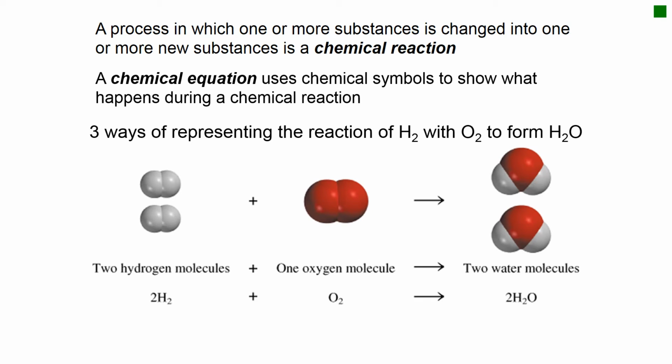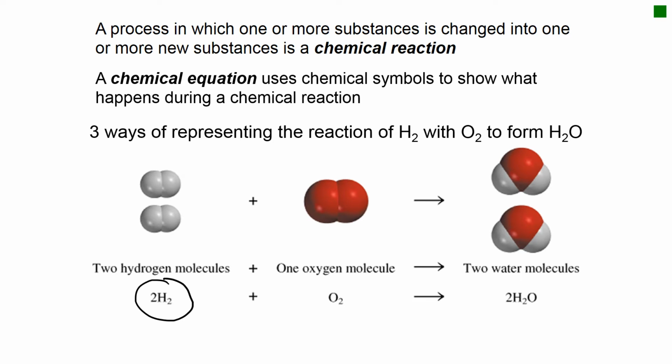So here are three ways of representing the reaction of H2 with O2 to form H2O. And these are all balanced up here. The picture shows two hydrogen molecules, and we write underneath it 2H2. That's the chemical symbol.